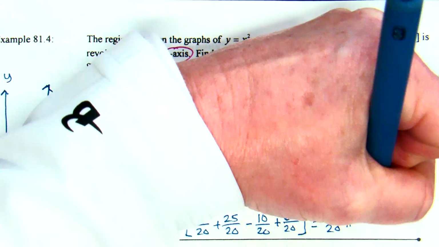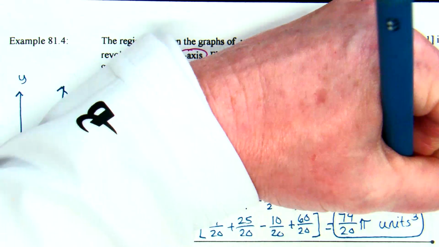Can you add and subtract those numbers with your mental math? Notice I did mine quietly, and I thought I'll just write it down and see if you guys agree. You should have gotten 79/20ths pi, or 79 pi over 20 units cubed.